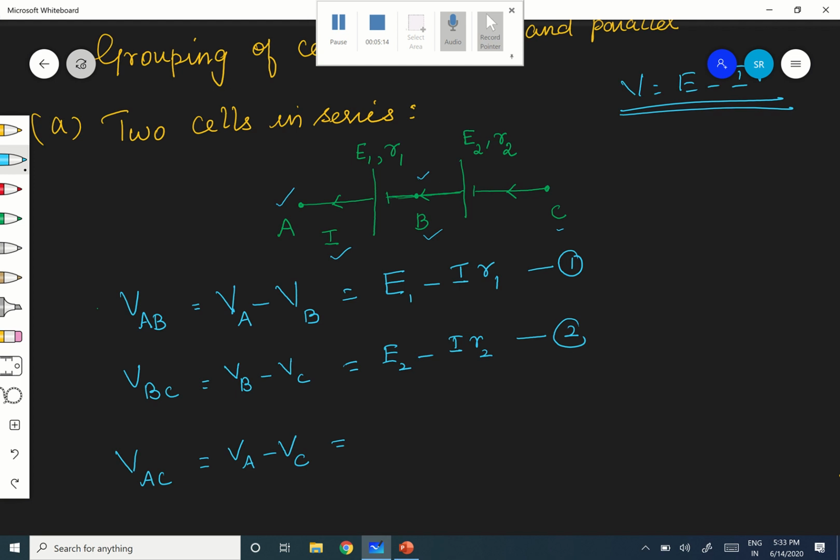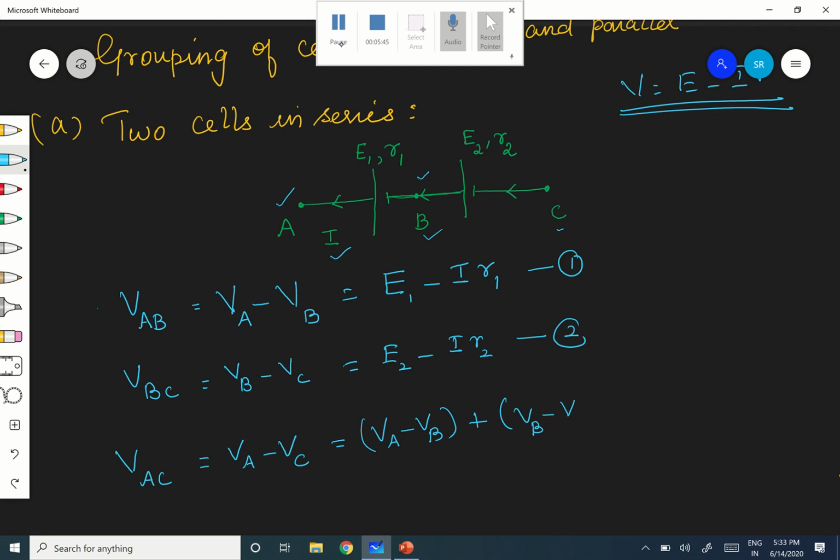It is the potential drop across the first cell plus the potential drop across the second cell. VA minus VC is nothing but VA minus VB, plus VB minus VC.